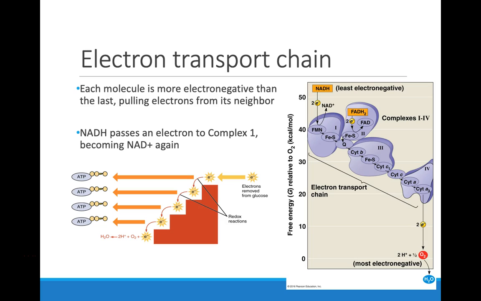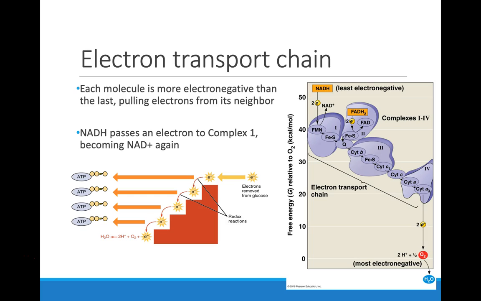So NADH deposits its electrons at the beginning of the electron transport chain. FADH2 deposits its electrons just a little farther down. But either way, they both dump off their electrons to molecules that want them, and then those molecules are passed down through this electron transport chain.